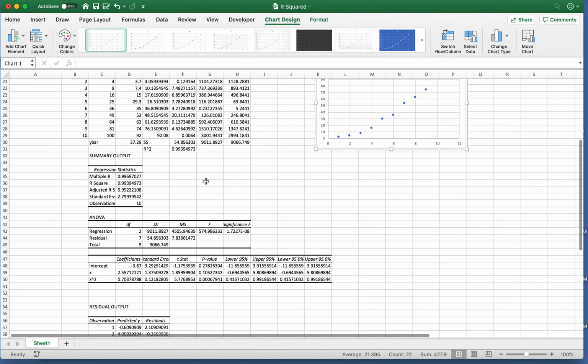That's all down here at the bottom of the spreadsheet. If you've seen some of this before, you may recognize this. Basically, the coefficients are right here.